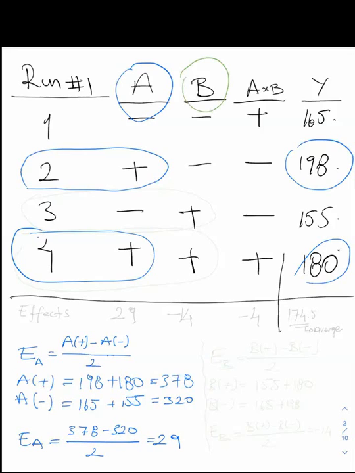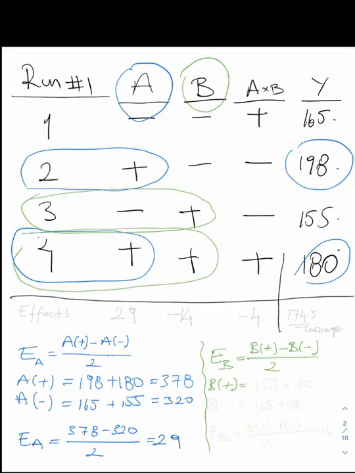Let's do the same thing for the effect of B right now. I'm going to write this in green here. So the effect of B is going to be B plus minus B minus divided by 2, and B plus is going to be all the cases when the B was plus, right? So that's going to be run number 3 here, right? And also number 4.